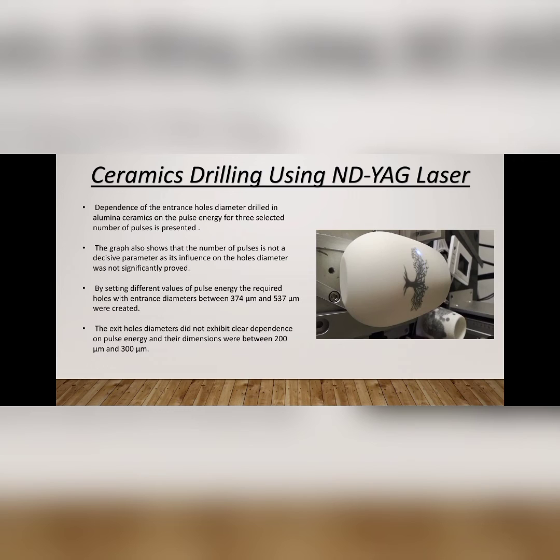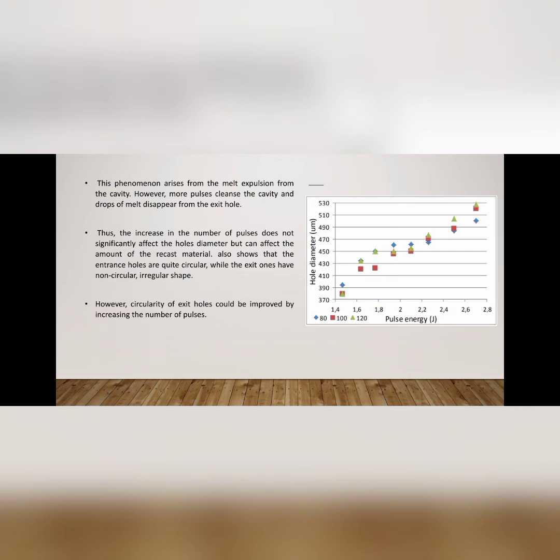Ceramic drilling using the Nd:YAG laser: the dependence of the entrance hole diameters drilled in aluminium ceramic on pulse energy for three selected numbers of pulses is presented. The exact hole diameter differences did not exist. Clear differences depend on the pulse energy, and their dimensions were between 200 micrometers and 300 micrometers. This phenomenon also arises from metal ejection from the cavity.